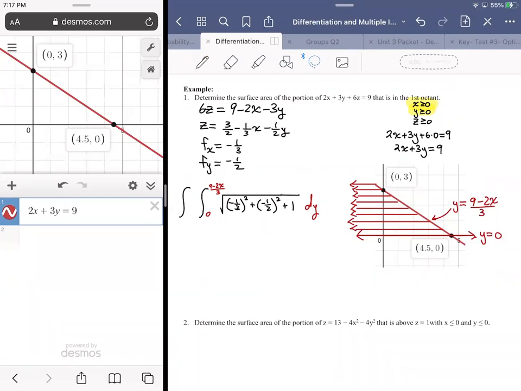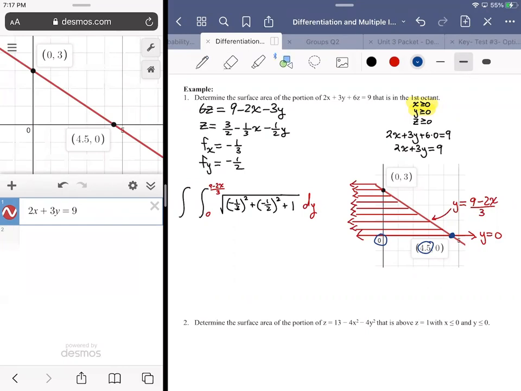I want to capture a finite area, and then in turn make that a volume, and in order for that to happen, I would need to restrict this so that it's only living in that triangular region in the first quadrant, which given some height would project up to be in the first octant, right? So if I go only from this point to this point here, which has an x value of 4.5, then I've created the appropriate restriction.